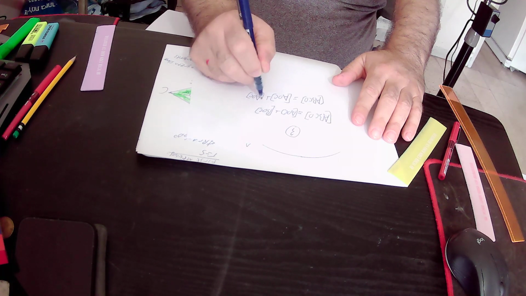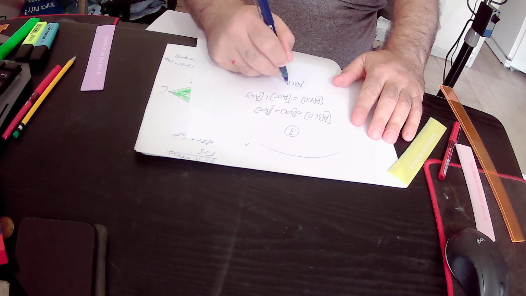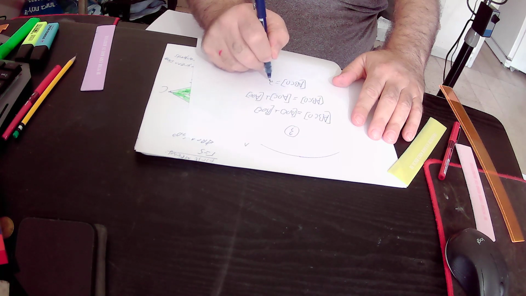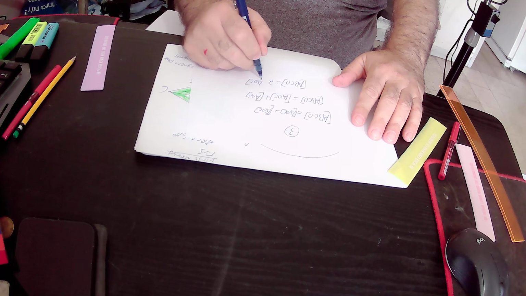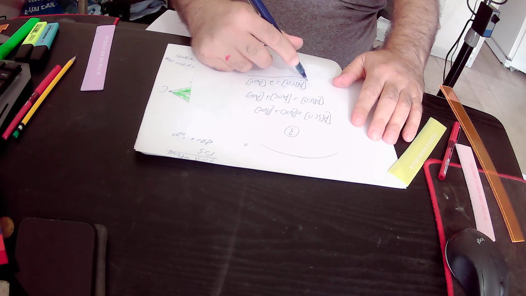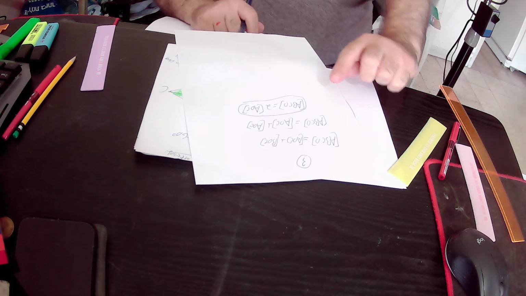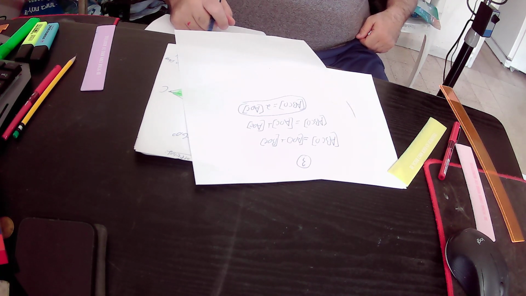So actually the area of quadrilateral ABCO equals 2 times the area of triangle AOC.